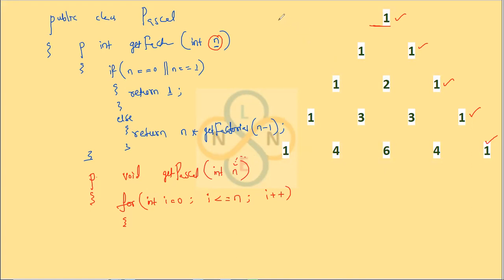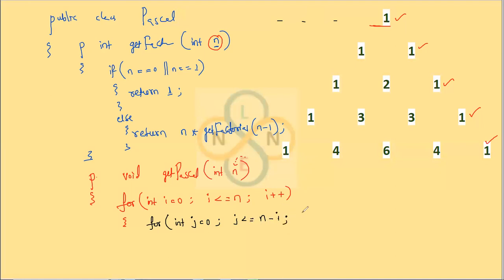First thing is we have to print the spaces, right? Then how do we print those spaces? Inside this for loop, one more for loop we are using, int j equal to 0. Then j should be less than or equals, and here is one important point: not up to n, but n minus i. This is one important point in this logic.